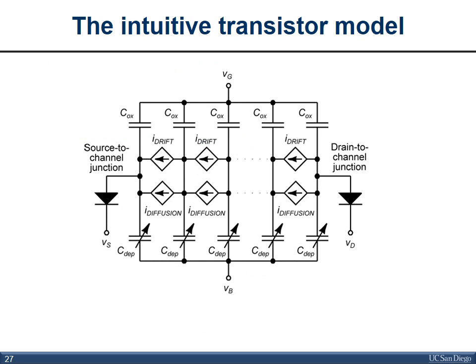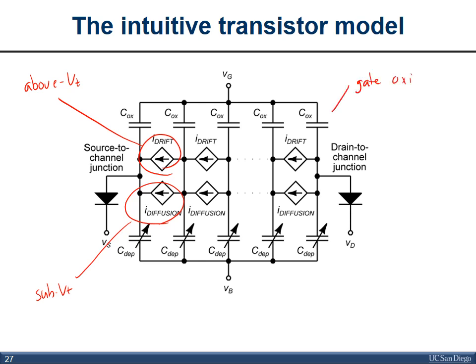The Sarpeshkar text also has an interesting kind of intuitive transistor model. We have diffusion currents that happen in the subthreshold region. We have drift currents that happen in the above threshold region. We have our gate oxide here, and the transistor is a kind of distributed transistor here.